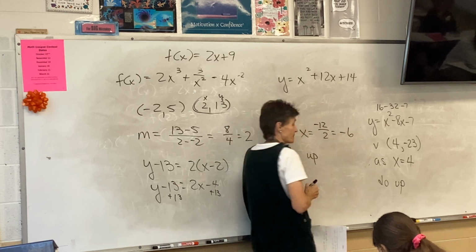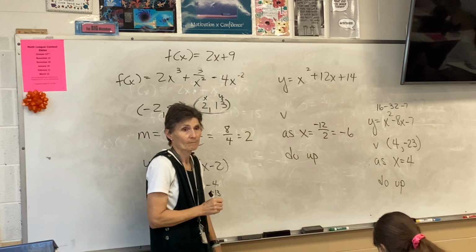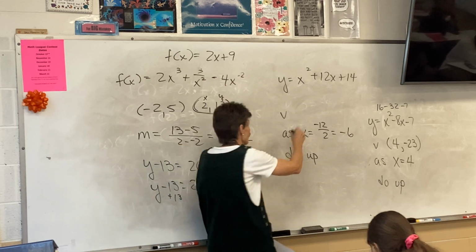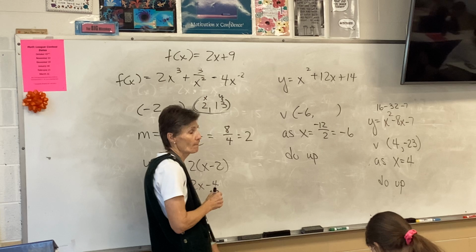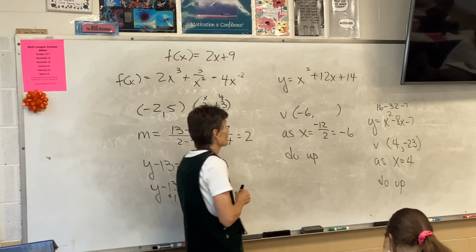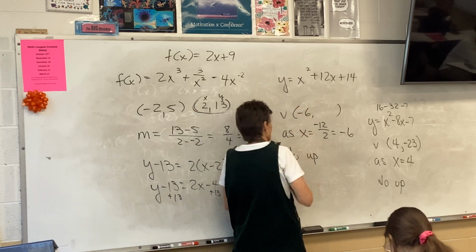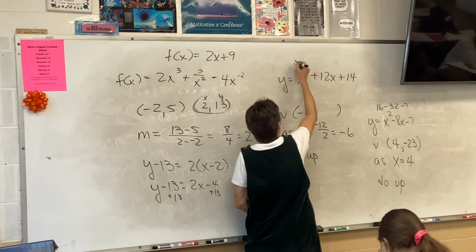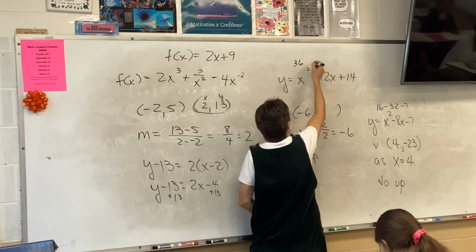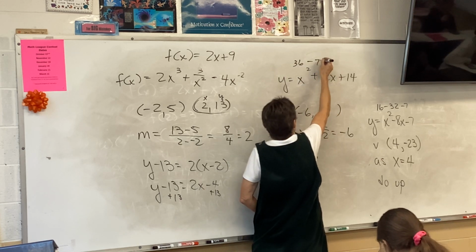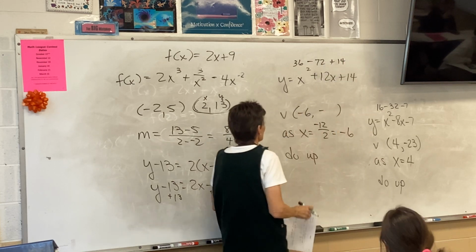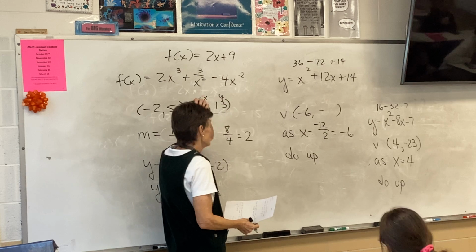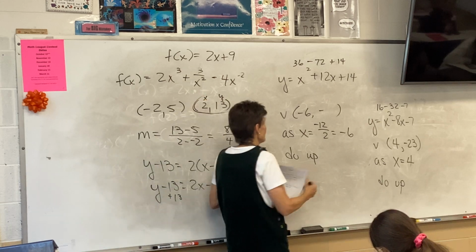Did you get x equals negative 6? Which means your vertex is negative 6 comma... What's negative 6 squared? 36. Minus 72 plus 14. It's going to be negative something. Let's see. Negative 22.